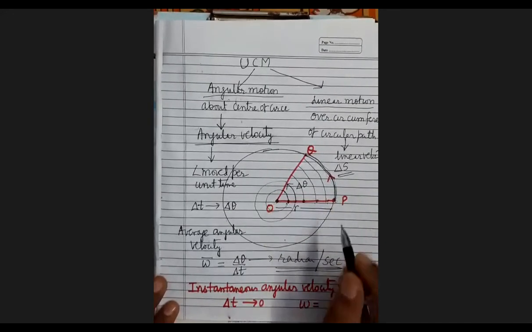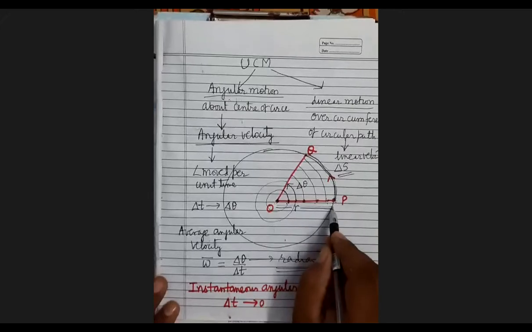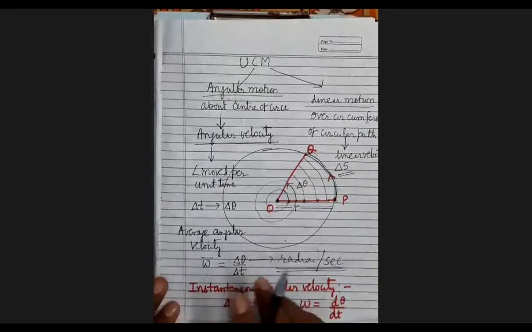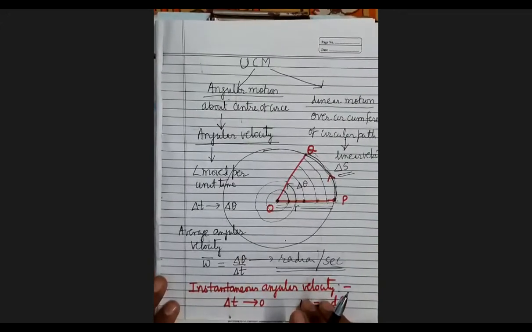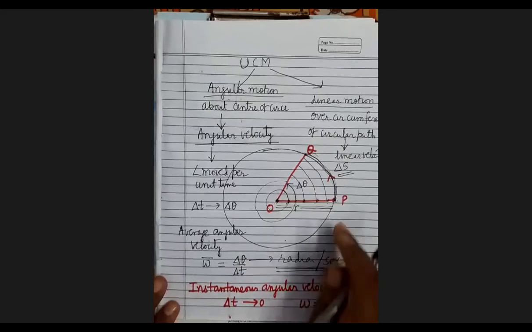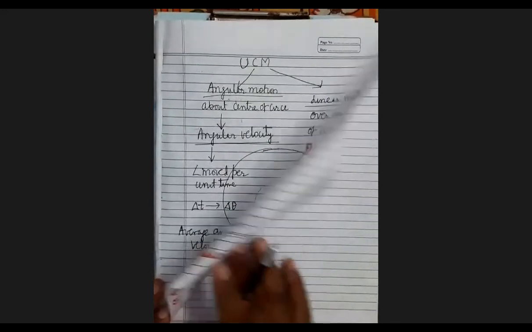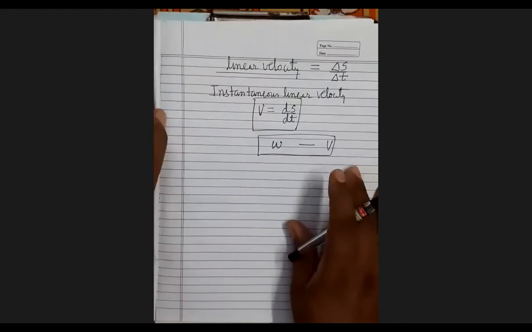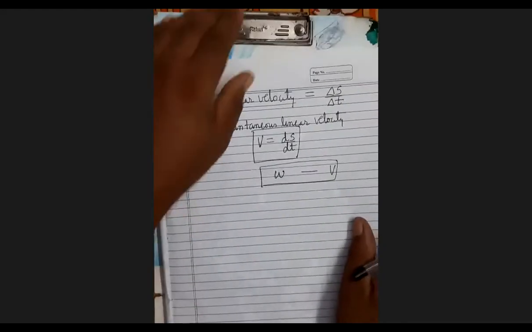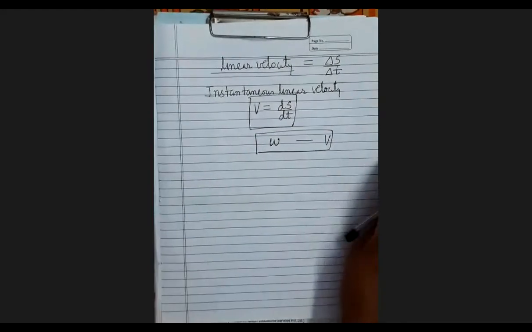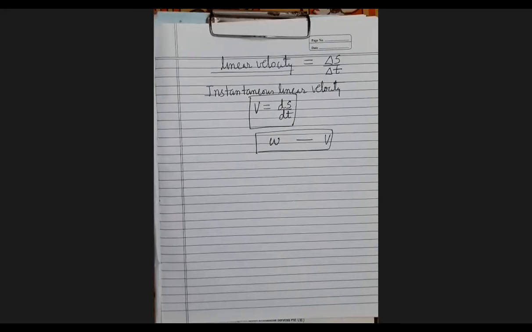When it is at more distance, it travels more distance over the circumference, because it is describing a circle of bigger radius. So see here, what is the relation between omega and v? I'm showing you here, you can see.